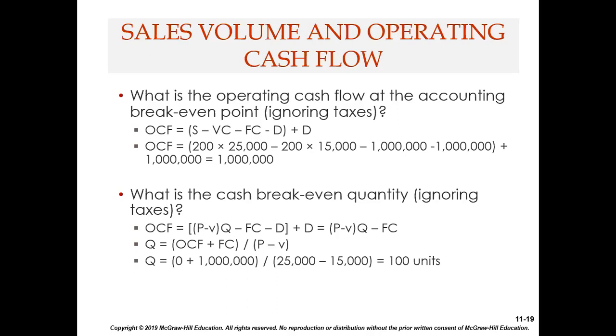So what would be our cash break-even point? Take the $1 million in depreciation divided by the $20,000 in contribution margin, or the difference between selling price and variable costs. So for cash flow to be 0 from the project, 100 units need to be sold or less.